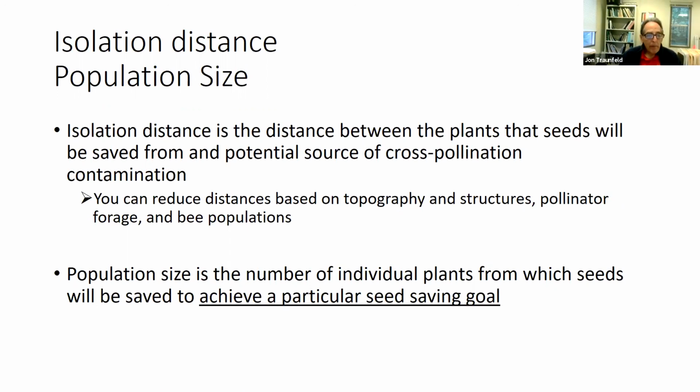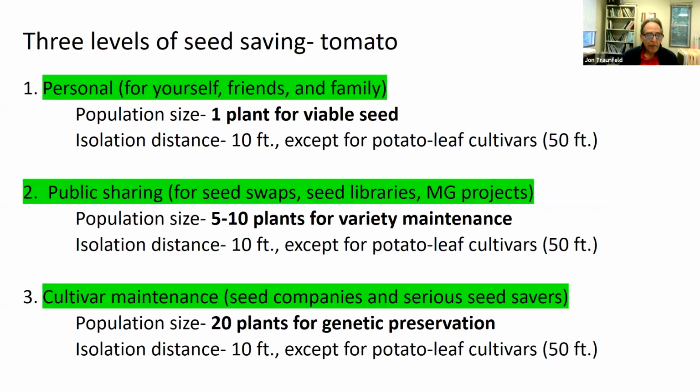Okay, so population size is simply the number of individual plants from which seeds will be saved, again, to achieve the particular goal. What we're trying to do is prevent inbreeding depression. We want our plants to be strong each year and to carry all the genetic information necessary for that particular cultivar that we're interested in.